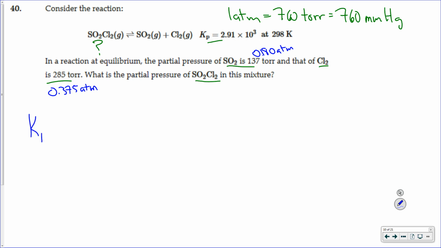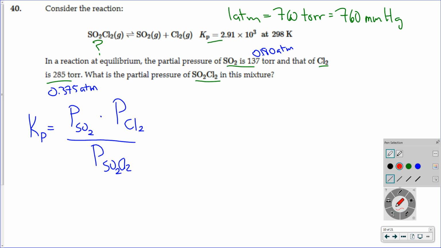So now I need to set up the K sub P expression and solve for the unknown. K sub P is the partial pressures of the gaseous products raised to their respective powers divided by the partial pressures of the reactants. So the products are the partial pressure of SO2 times the partial pressure of the Cl2, divided by the partial pressure of the S2O2Cl2.